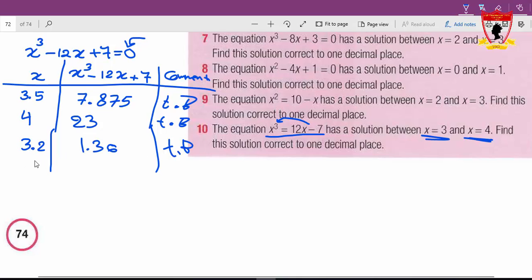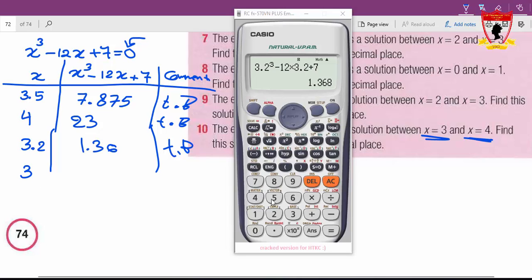Less than 3.2. Let's pick 3 itself. 3 to the power of 3 is 27. 3 to the power of 3 minus 12 times 3, then the result plus 7. This is equal to -2.